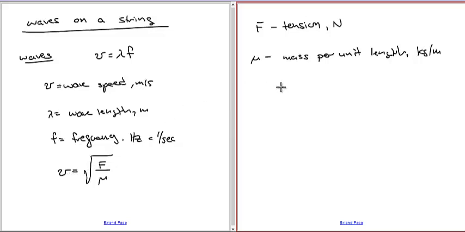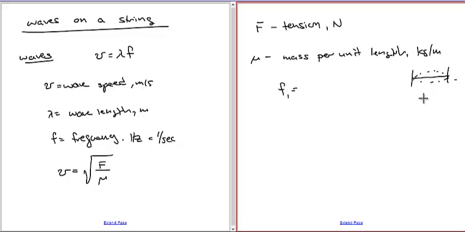And then finally, to get harmonics on your string, so you've got the string attached at 2 points, and it's going to oscillate. The first harmonic is this situation. The ends are the nodes, the middle is the antinode. And it turns out that the wavelength is equal to twice the length.